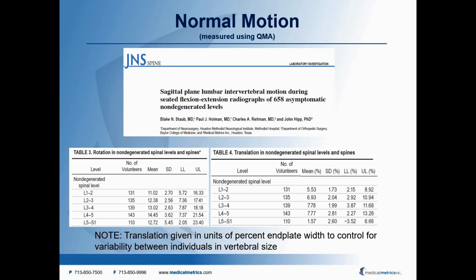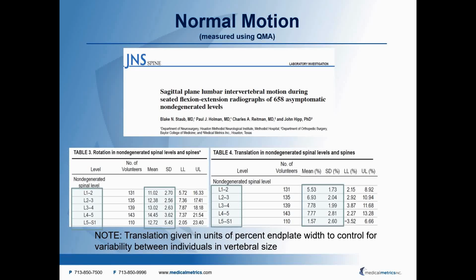This was done by collecting flexion and extension radiographs for several hundred asymptomatic volunteers who had never had any lasting back pain. These are data from one of the studies. Very importantly, QMA was used to obtain these measurements. It is critical to use the same measurement technology for both patients and the control population.